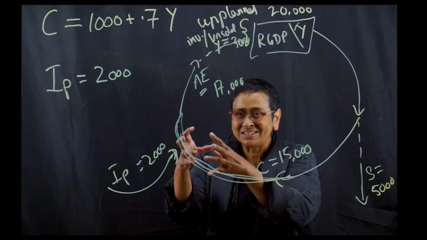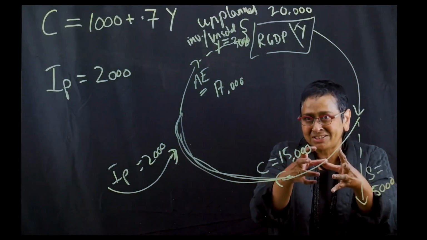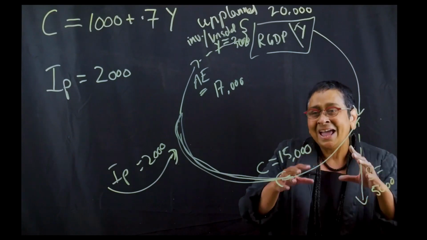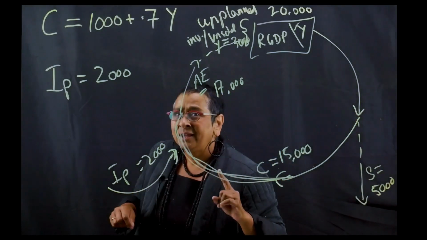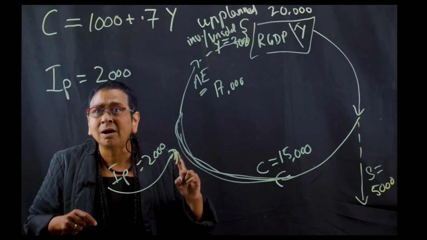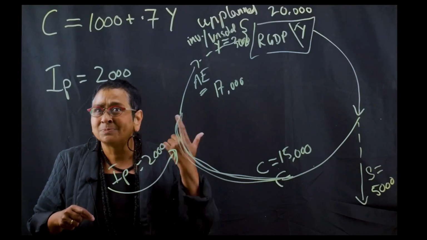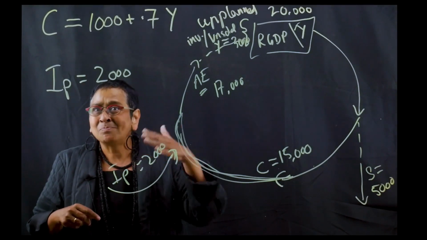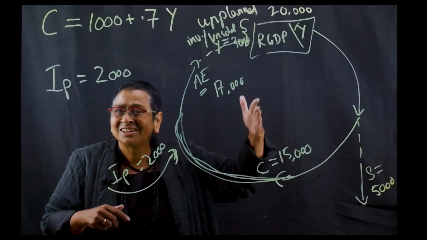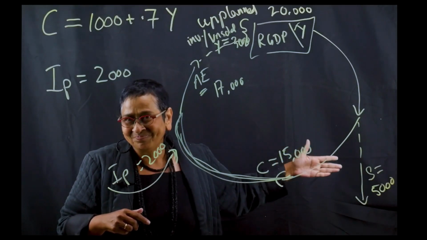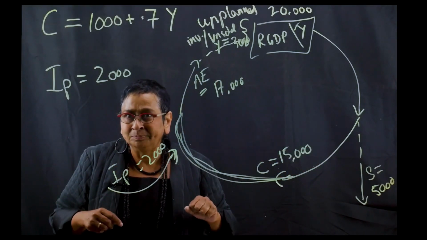The second person's income loss will become the third person's income loss. All right? And that's why recessions and depressions become really interesting, because they're pointing out the interconnectedness of my spending and your income.